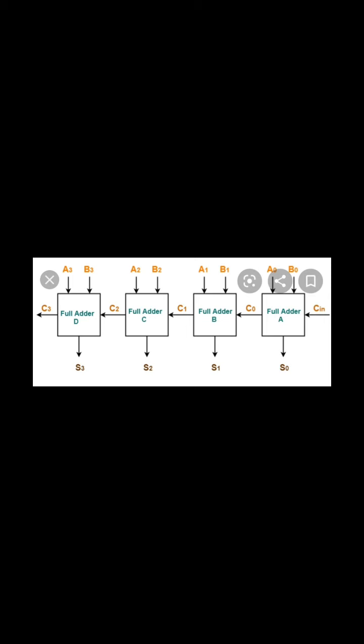Again that carry C1 is added to the next bit, that is A2 and B2. So adding A2 and B2, it gives the output S2 and carry C2, and this carry is added to the next higher bit, that is A3 and B3, and A3 and B3 gives the sum S3 and the carry is C3.